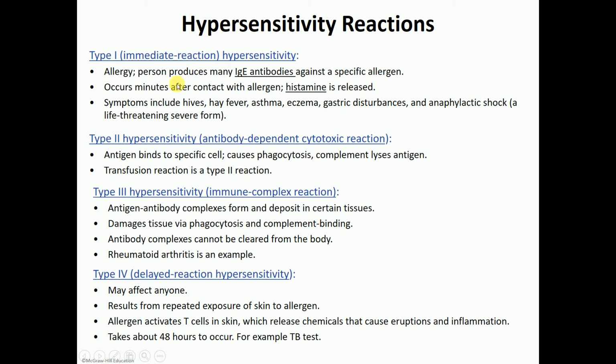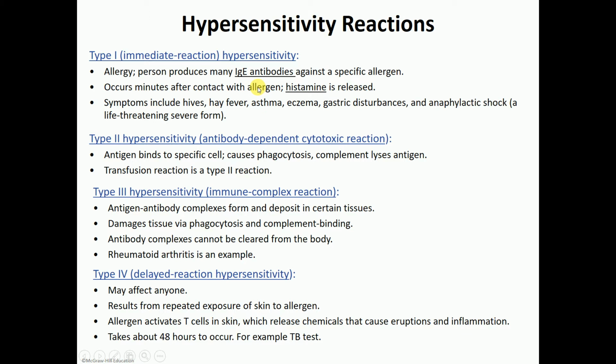The allergic reactions that occur to the person are due to the IgE antibodies, which are produced against specific allergens. So whatever that person is allergic to, they would have lots of IgE antibodies against it.